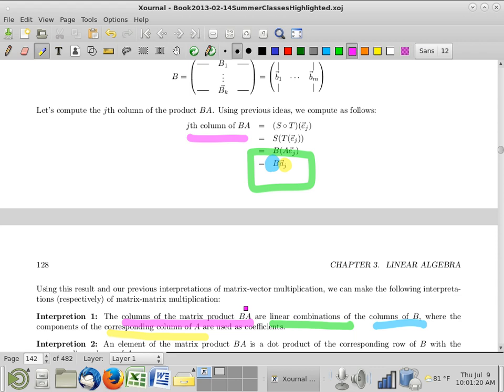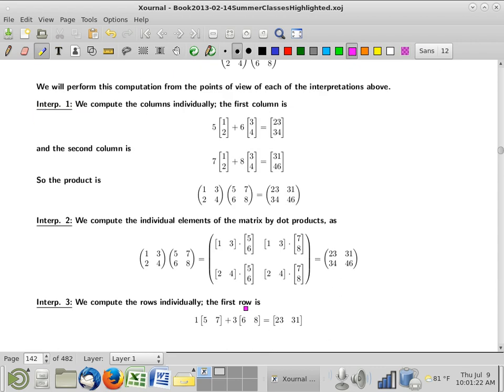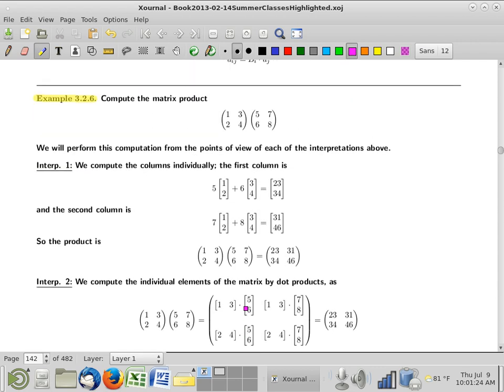All right, so let me show you an example. I'm going to skip down here to where I compute one of these. Let's compute this product. What I've argued is that I can compute that product one column at a time. Let's compute the first column. How am I going to compute this first column?